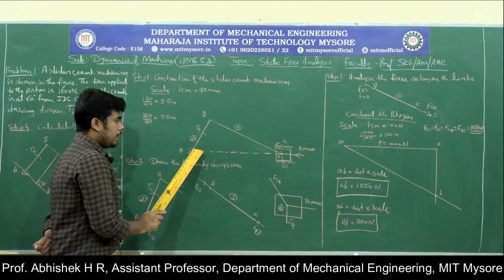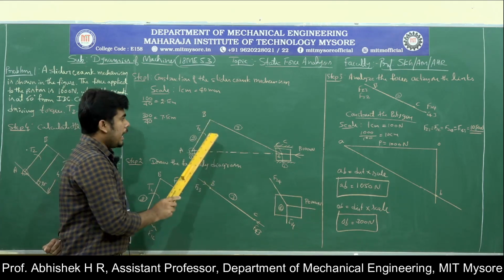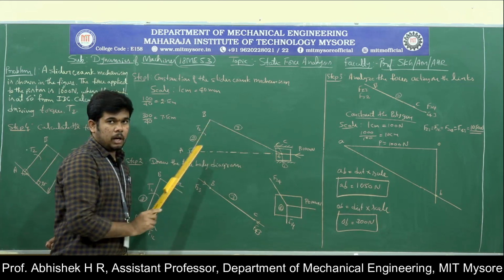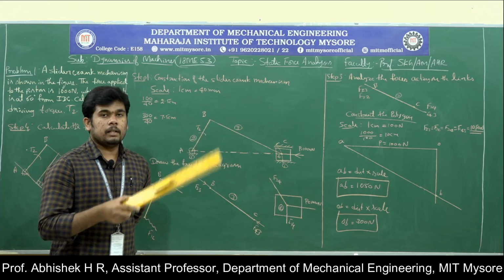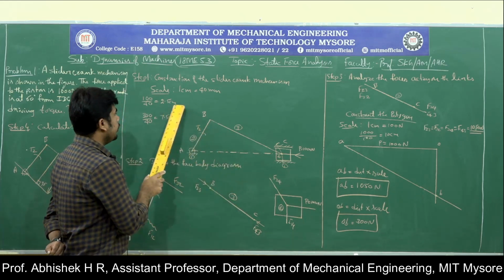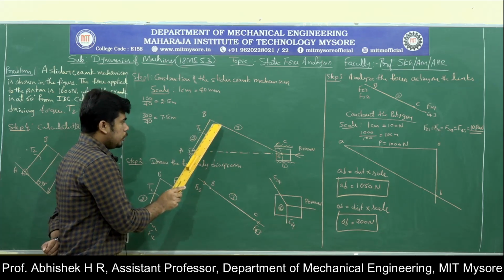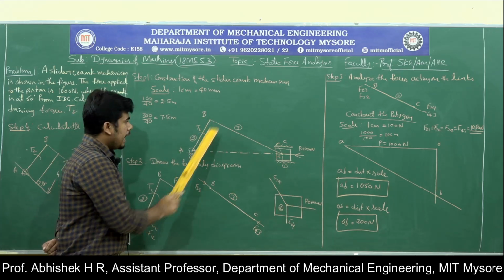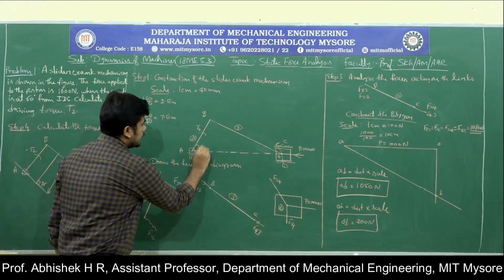So put your protractor on point A, measure 60 degree, and the AB distance, how much it is? 100 mm. So 100 mm means that for the converted scale it will be 2.5 centimeter. So draw a 2.5 centimeter line at 60 degree.